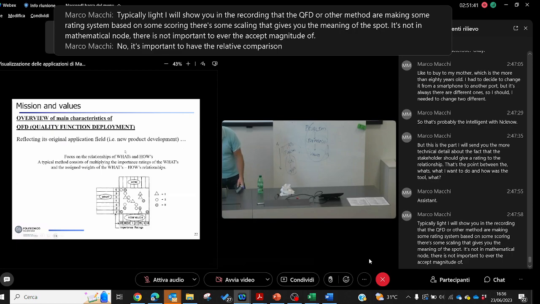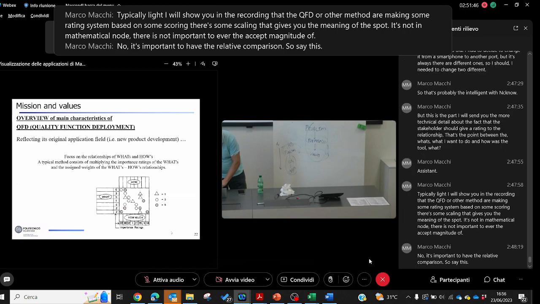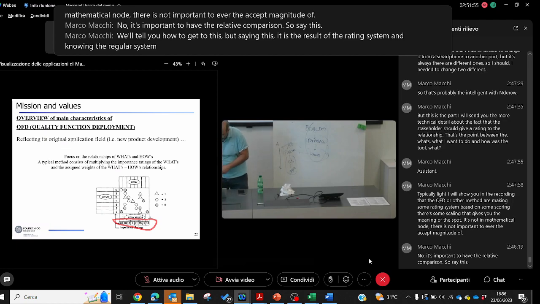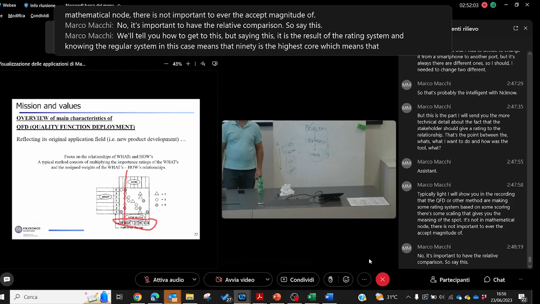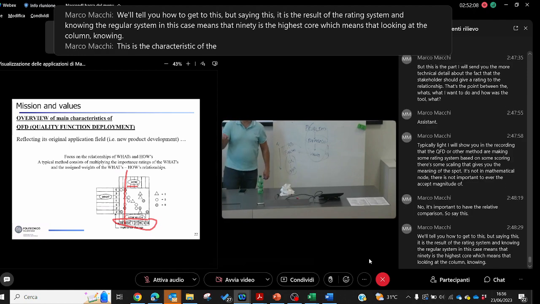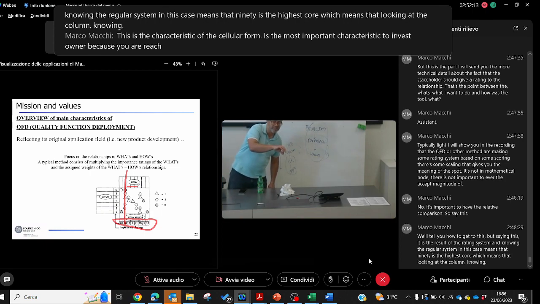So, saying this, I will tell you how to get to this, but this is the result of a rating system. And knowing the rating system, in this case it means that 90 is the highest score, which means that, looking at the column, and knowing that this is the characteristic of the cellular phone, it is the most important characteristic to invest on, because you are reaching more value. 90 is the value for the what's.